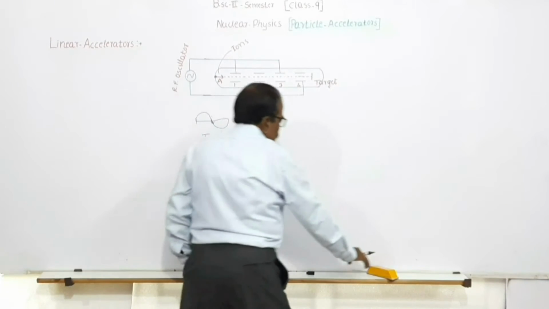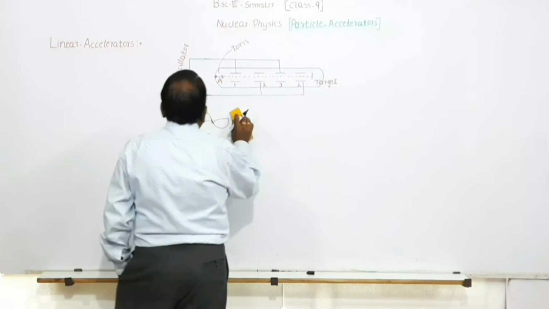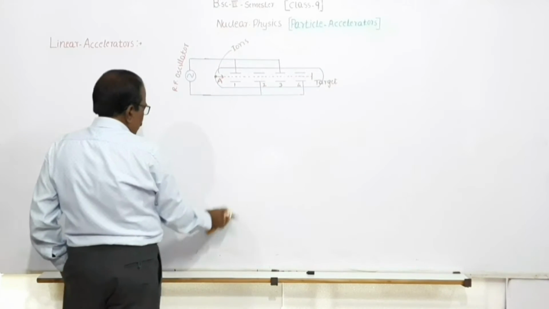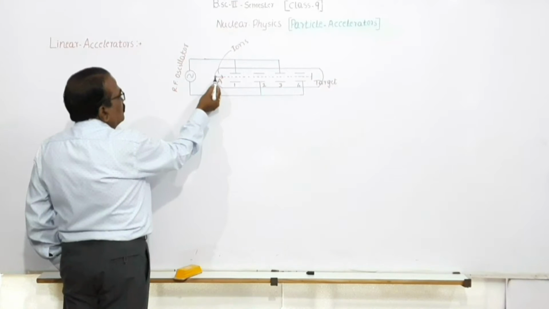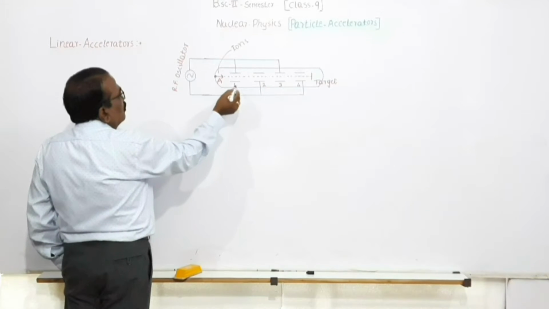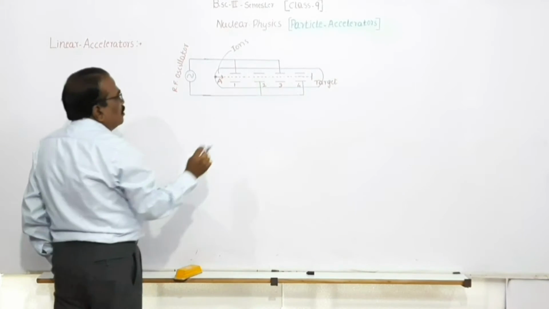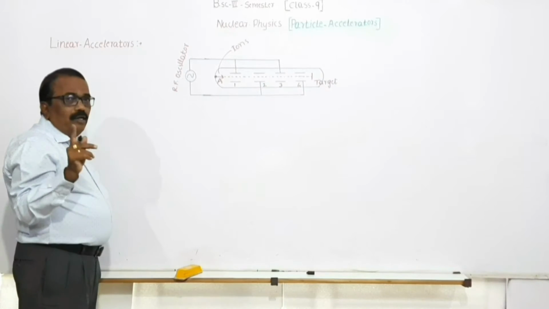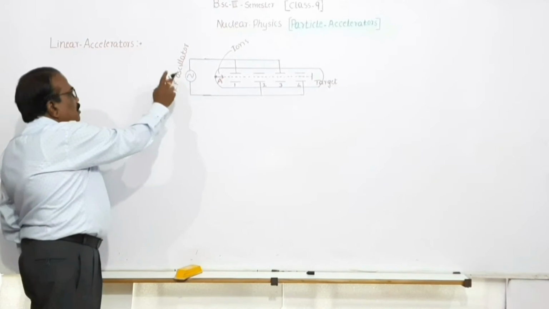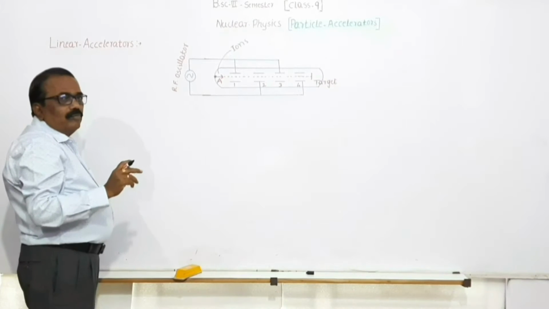Then as the positive ion enters the aperture A, 1 and 3 are connected to the negative potential by this RFO during the first half.